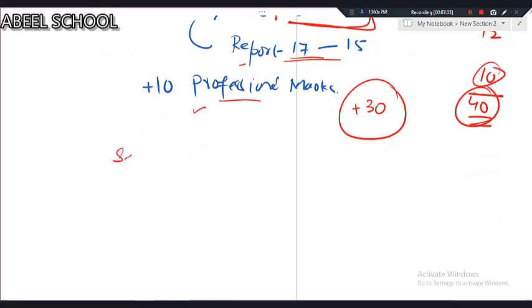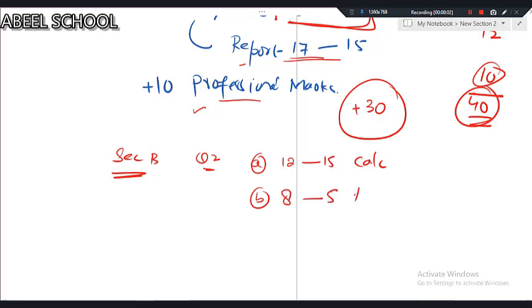Now let's talk about section B. In section B, you'll be having 2 questions, each question having 25 marks. Let's say question 2. Normally, each question will have 2 parts. For example, part A ranges between 12 to 15 marks, which is on pure calculation. If the examiner has asked a 12 marks question on calculation, then the theory part will be 8 to 5 marks, and 5 professional marks.